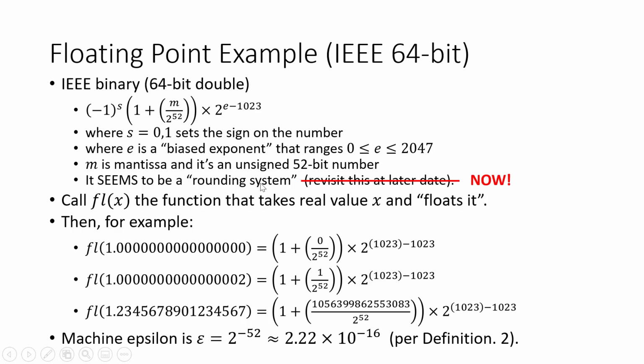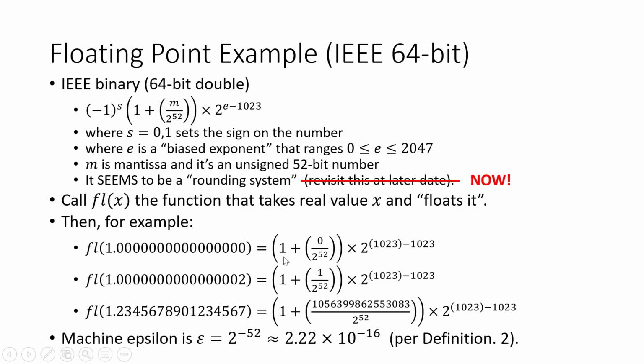We're doing that now. It is a rounding system. And when I say float, the float function, fl(x), then we're going to take an incoming x and we're going to float it. We're going to declare a mantissa for it, a 52-bit mantissa, an exponent, and then a sign bit. If we come in and look at a very simple, exactly 1 coming in as our x, then we're going to have a 0 mantissa.